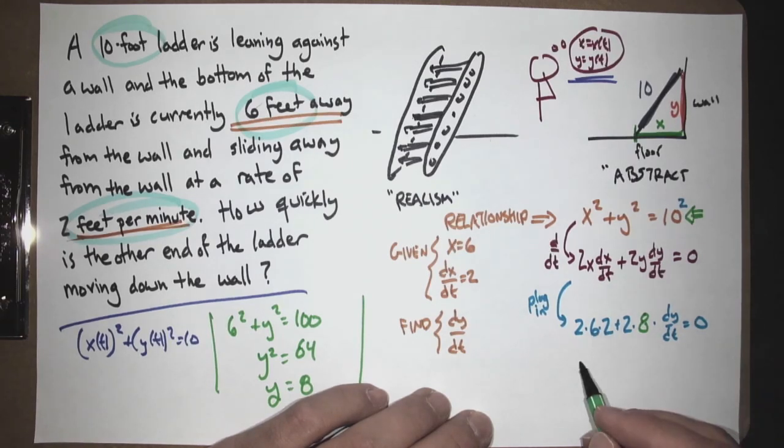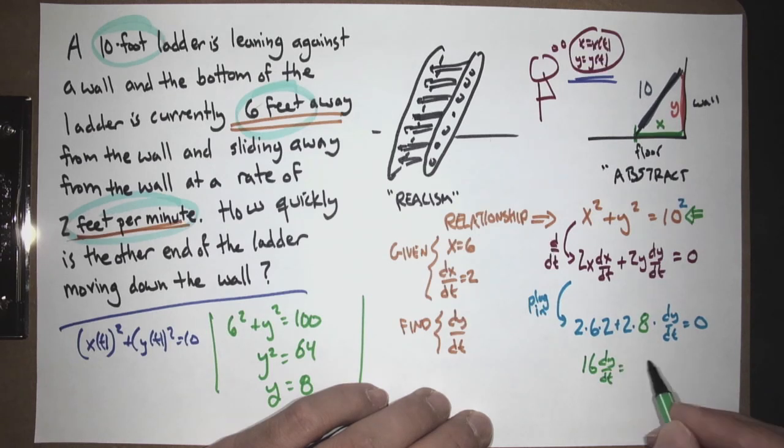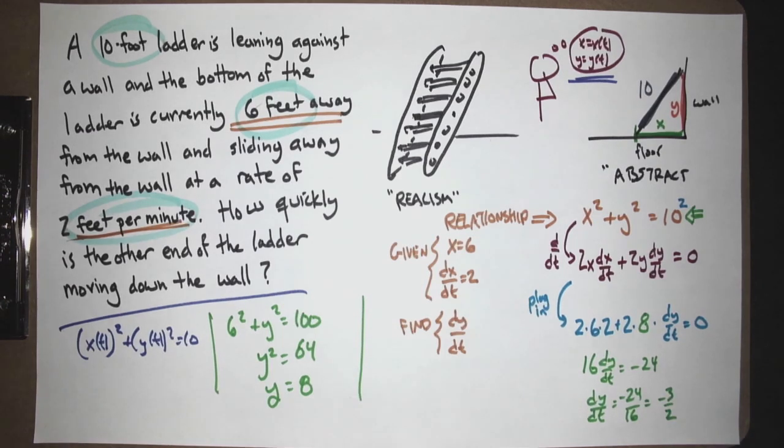We'll move to the other side. So we get 16 dy/dt is negative 24. So dy/dt is negative 24 over 16. Common factor of 8, negative 3 over 2.